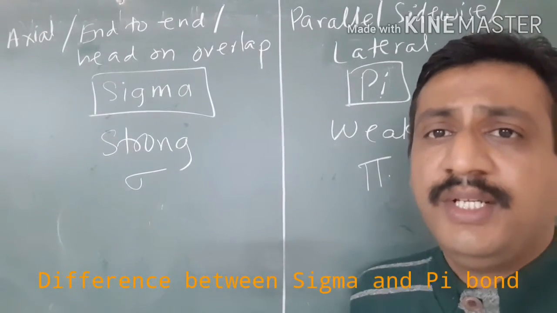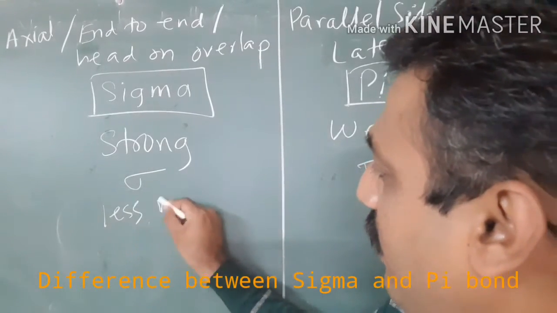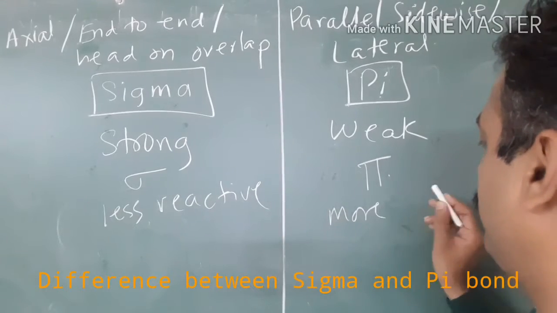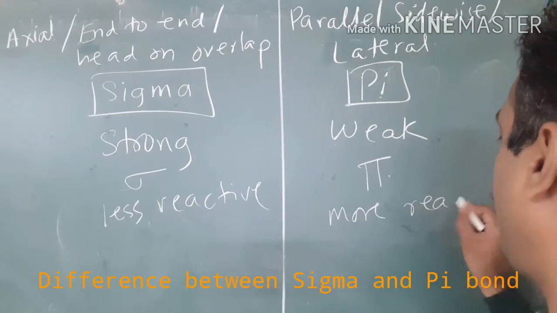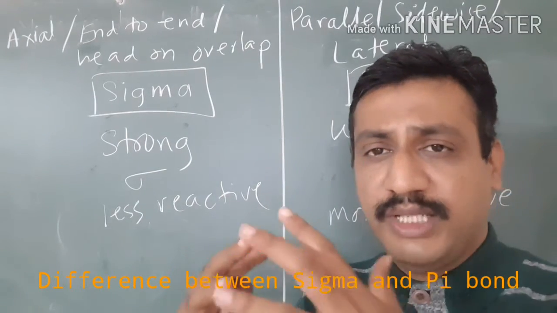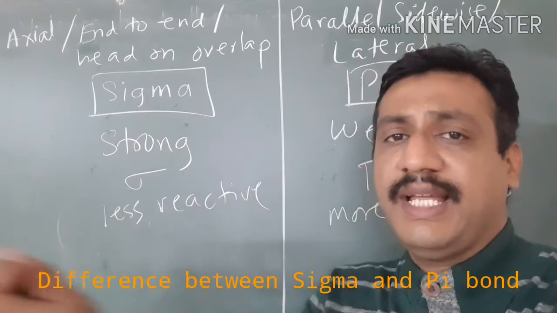The sigma bond is a less reactive bond and the pi bond is a more reactive, or highly reactive, bond. Why? See, here we have a molecule and in that molecule suppose there is a sigma bond. What happens when that molecule reacts with another species?